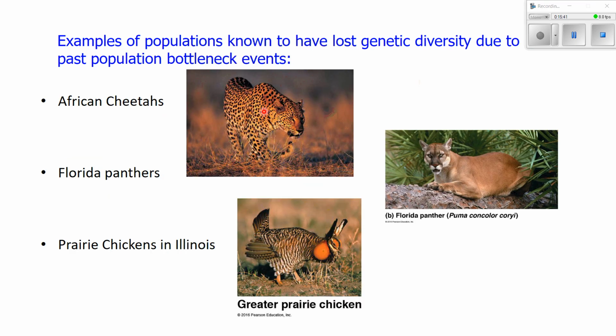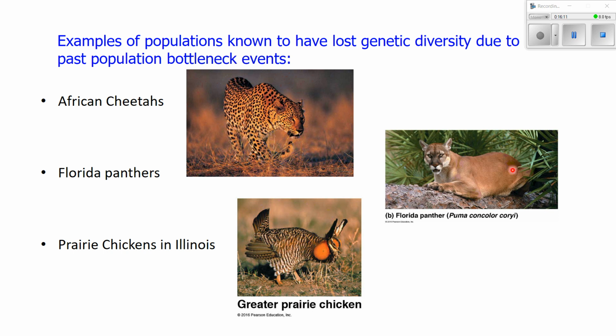And so here are some examples of real populations that we know have definitely lost a lot of their genetic diversity due to population bottlenecks that occurred in the past. African cheetahs, that population almost went completely extinct just a few thousand years ago and has sort of rebounded, although I think it's still considered an endangered species, but very little genetic diversity.